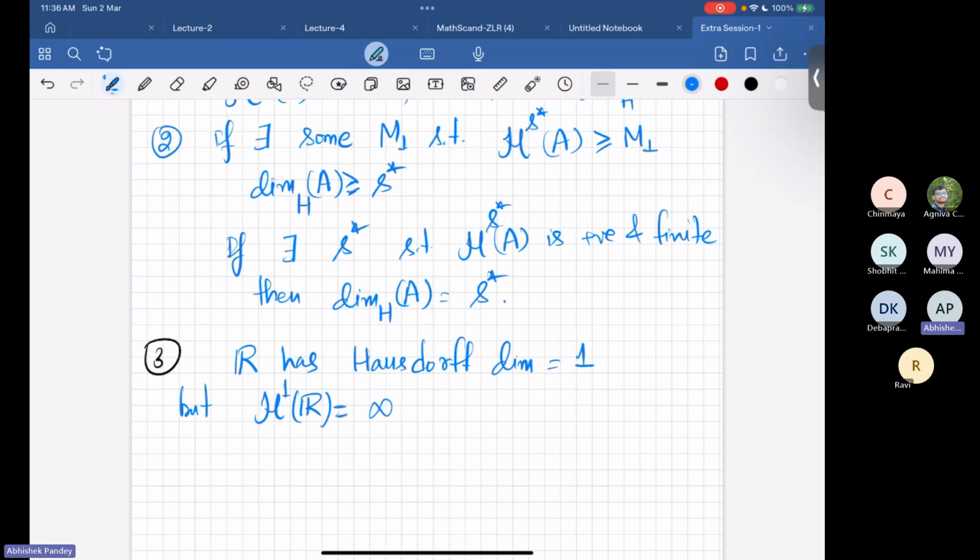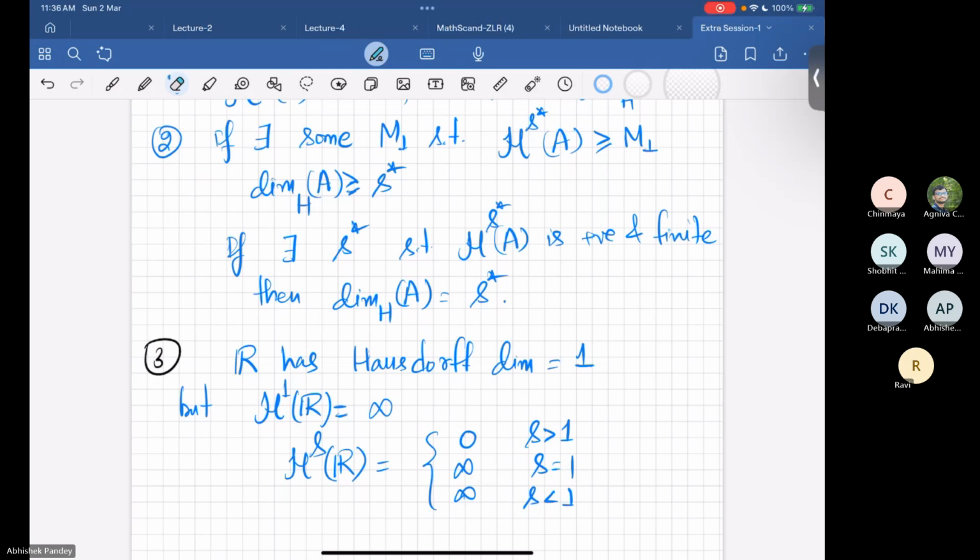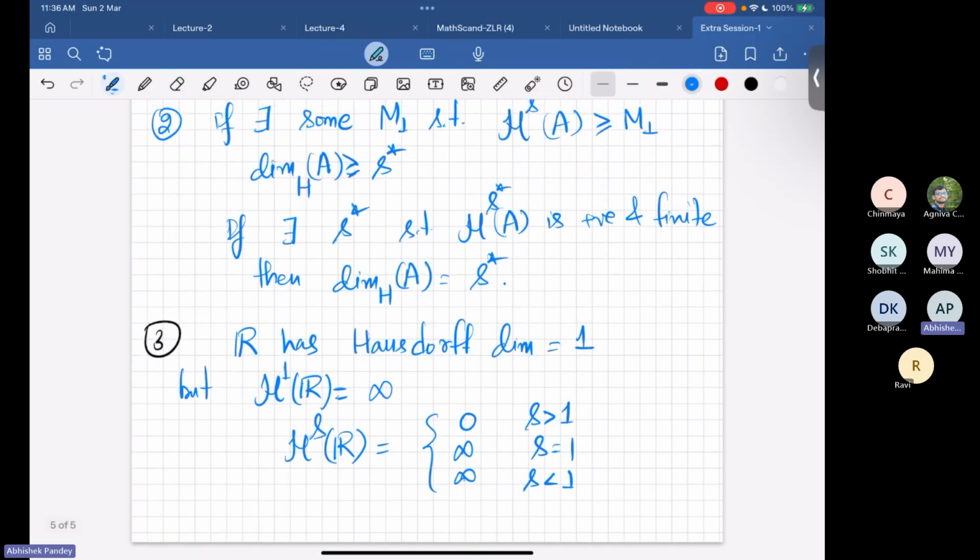So basically, at the critical point we have infinity. For S equal to 1 it is infinity, and obviously if S is less than 1, then it is always infinity. Okay, this is one example.